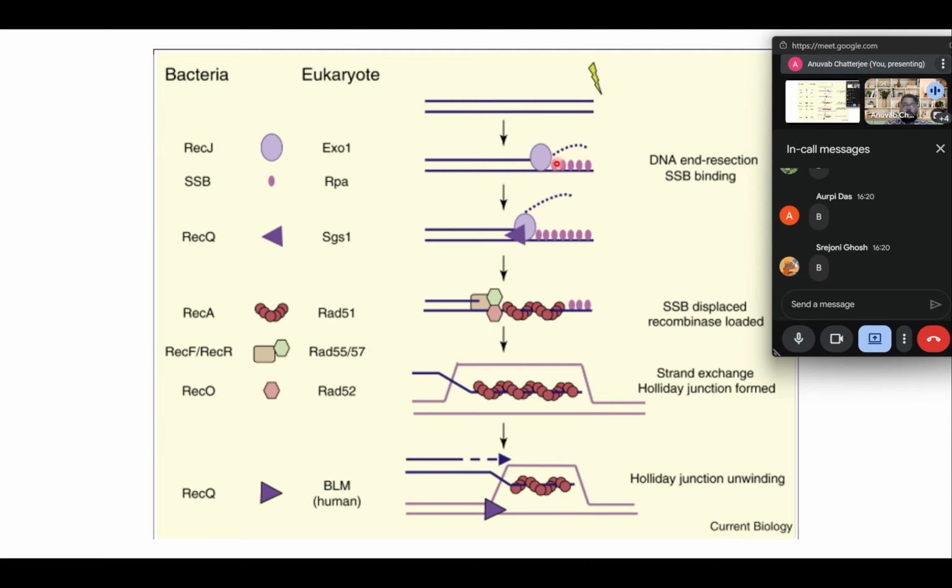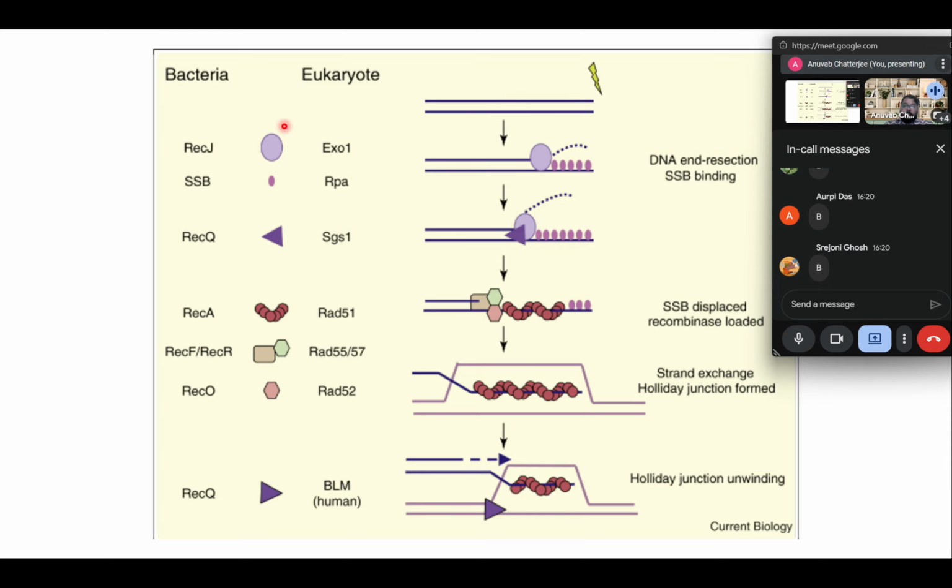Once it's disrupted, one part of the DNA is now hanging with no partner because there is no one to hydrogen bond to. So the first protein that comes here is the SSB protein, the single-stranded binding protein. They come and bind to the single strand that is now exposed because the other strand is gone. And these stabilize the single strand that has no damage.